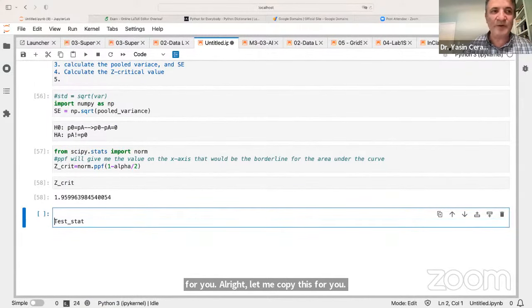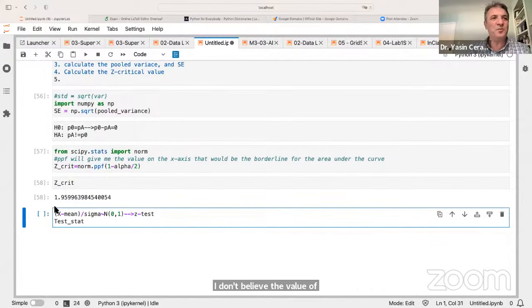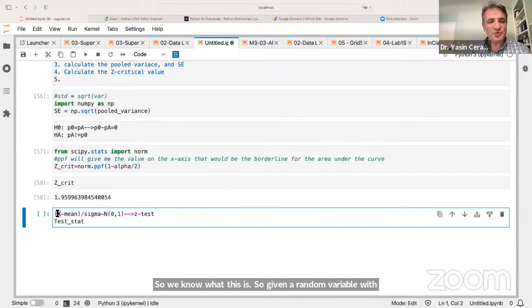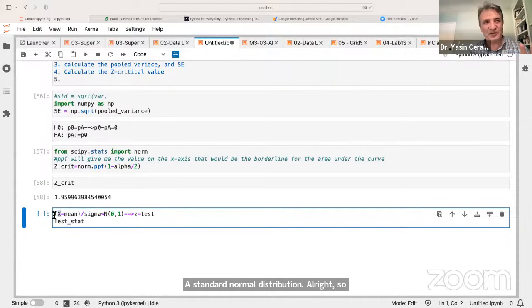So if you already know, it's going to be boring for you, but I don't believe in the value of just giving some formula. It's not going to be so beneficial for us. So we know what this is. Given a random variable with some mean and sigma, I can turn this normal distribution into a standard normal distribution. All right. So that's some information I shared with you.